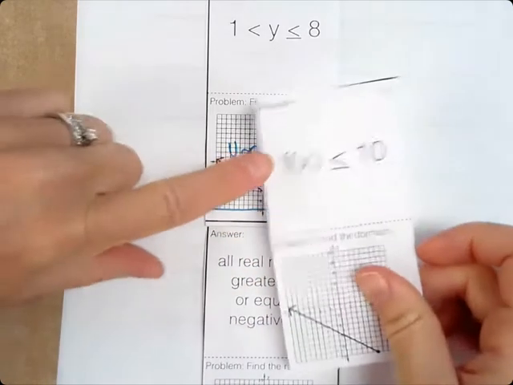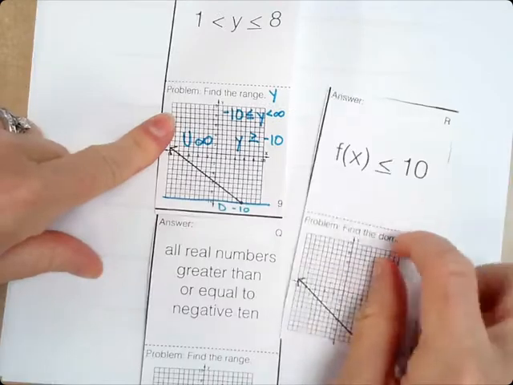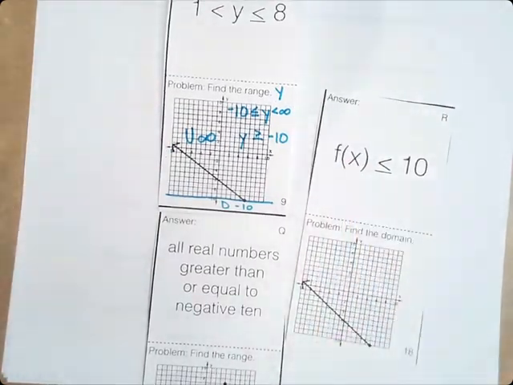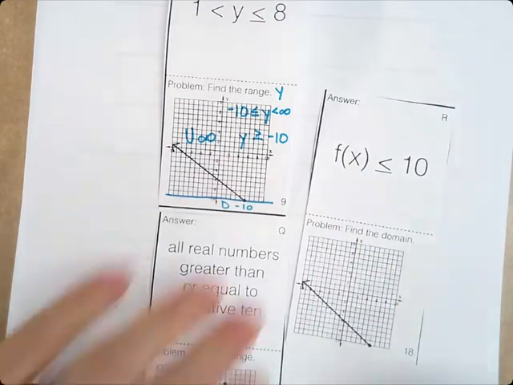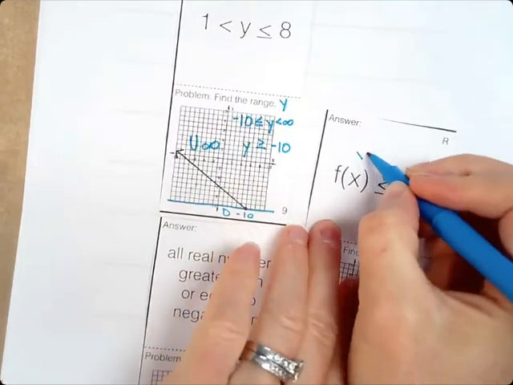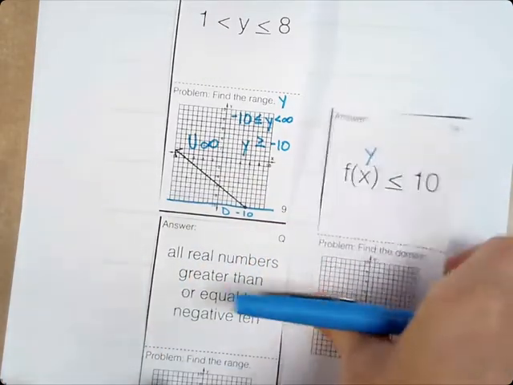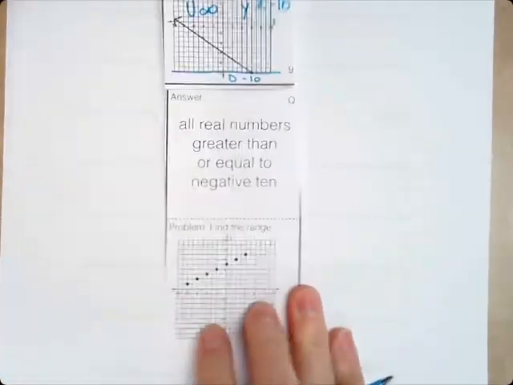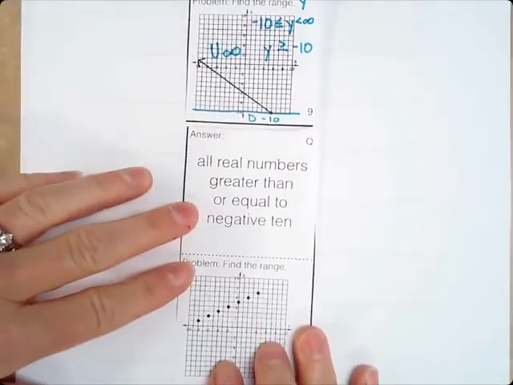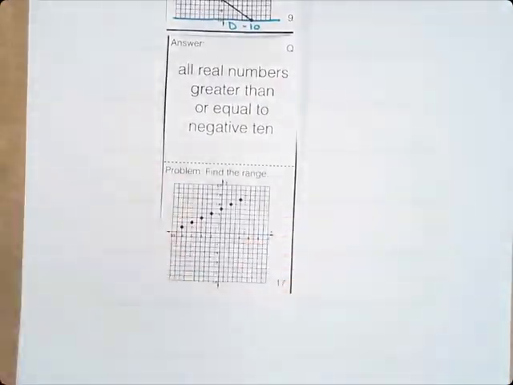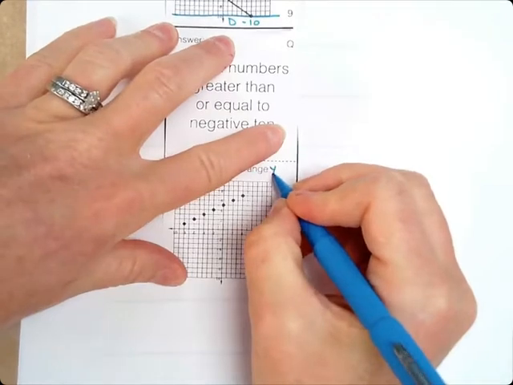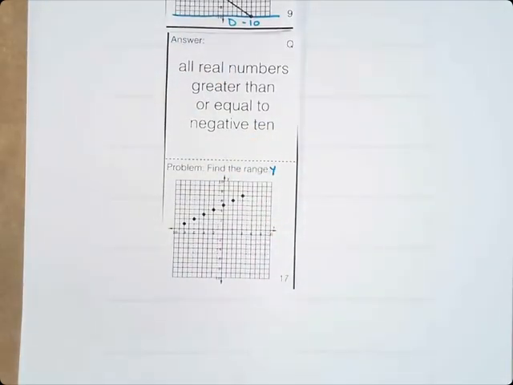Okay, something to remember though, real quick. Everybody listen. F of x is the same thing as saying y. Okay, let's go ahead and look at this next one together. Find the range. So we're doing range again, which is our y values. But this is a discrete relationship. So it's not continuous. It's not going to be an inequality.